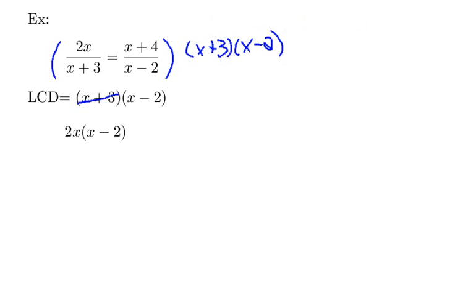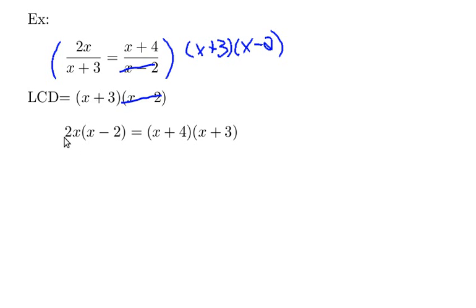You will get 2x times x minus 2. And for this right side, the x minus 2 will cancel, and you will just get x plus 4 times x plus 3.